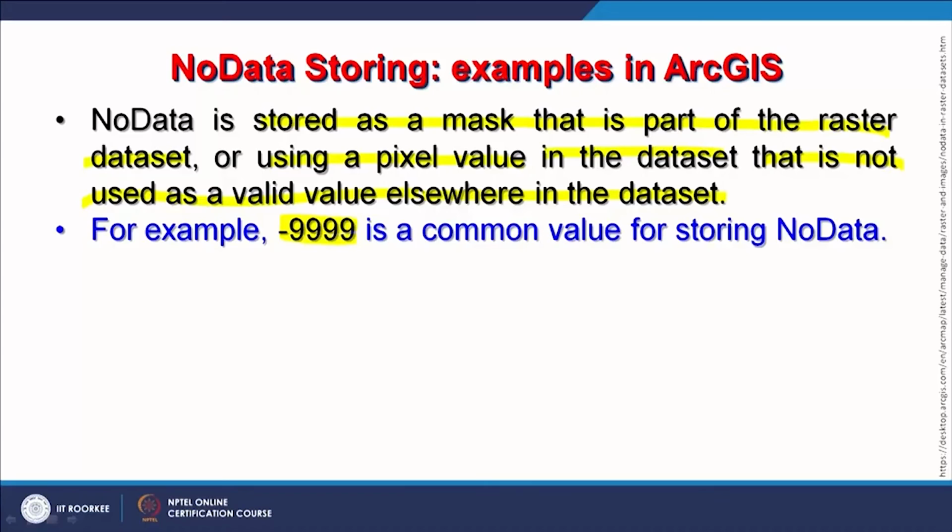I know that in the real western Himalayan terrain there cannot be any elevation value of -9999. It is impossible, and therefore the system is told that whenever this value is encountered, please consider it as no data and ignore it in all your calculations. So, basically, this is how no data is handled.